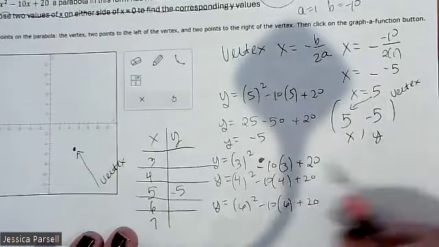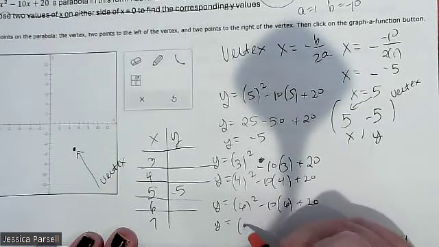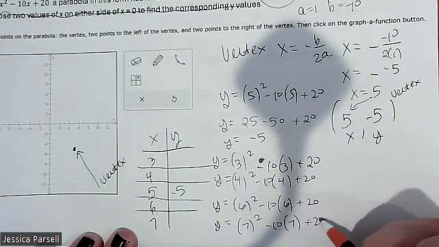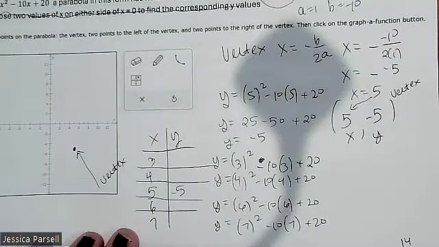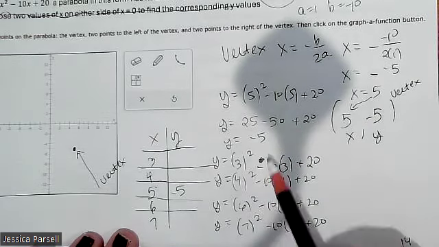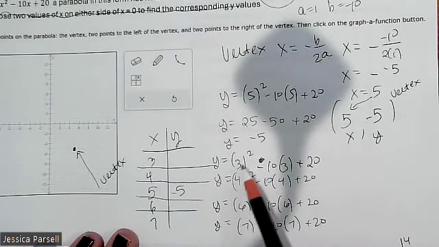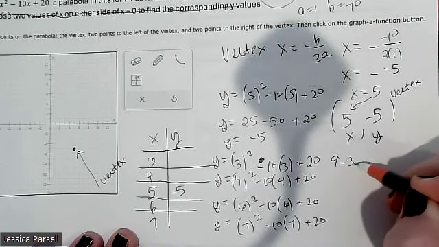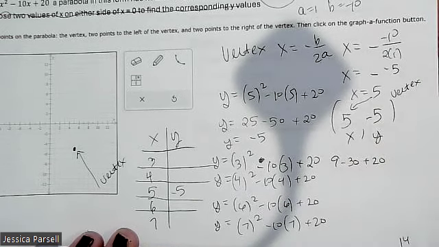I'm wondering if I'm even going to have a large enough graph to be able to accommodate these points, because I have a feeling they're going to be large. We're about to find out. Okay, 3 squared is 9. Minus 10 times 3 is 30. So we have 9 minus 30 plus 20.